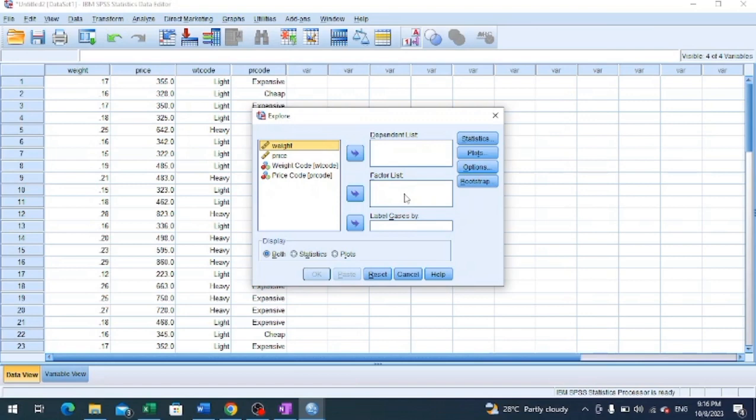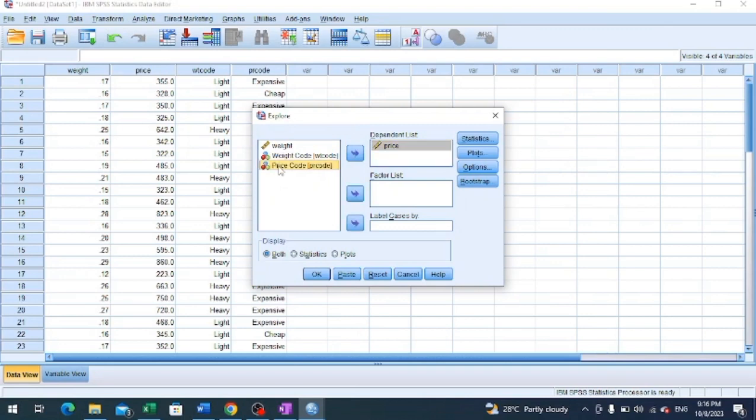Notice one thing and keep this in mind whenever we perform a categorical analysis of any quantitative variable. We take the quantitative variable as the dependent list variable. Here we are interested in price. We are interested in analyzing the price behavior of the cheaper price diamond, and cheaper price diamonds are defined in this price code variable.